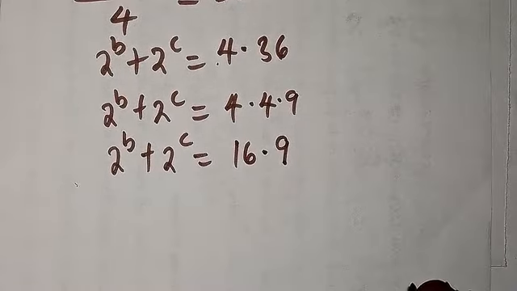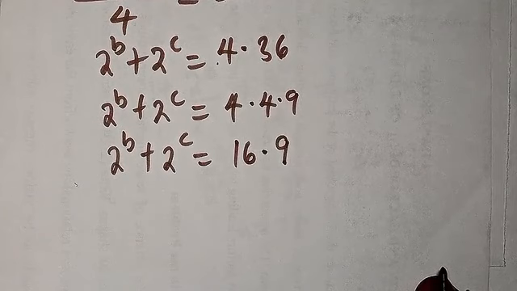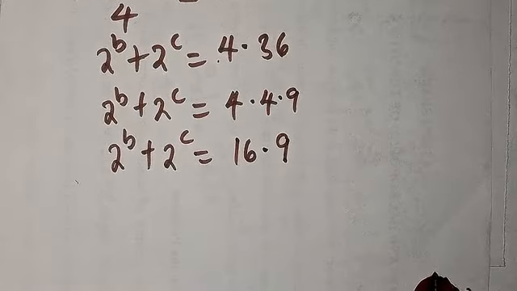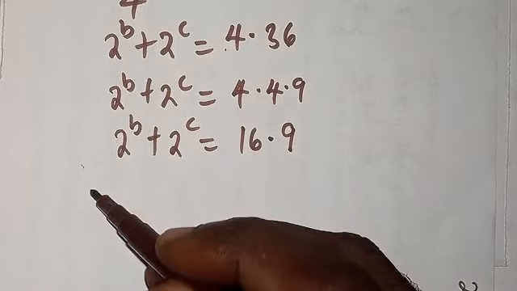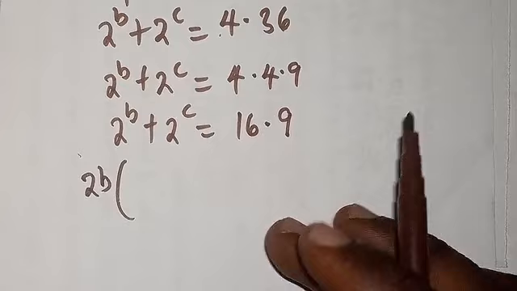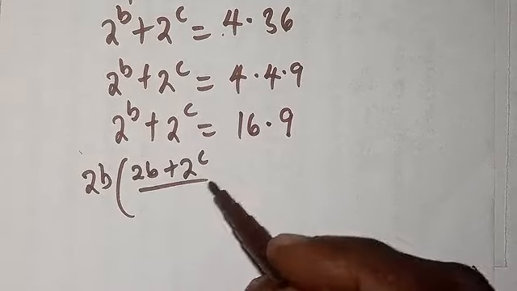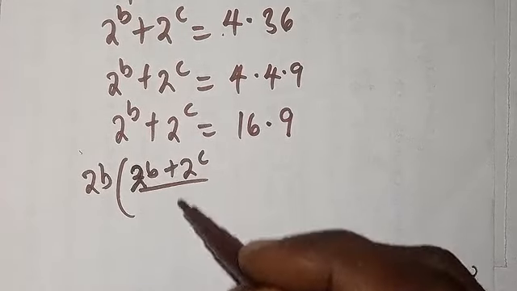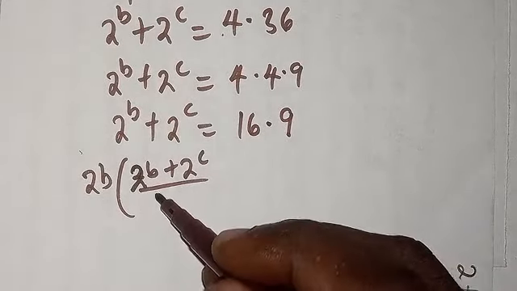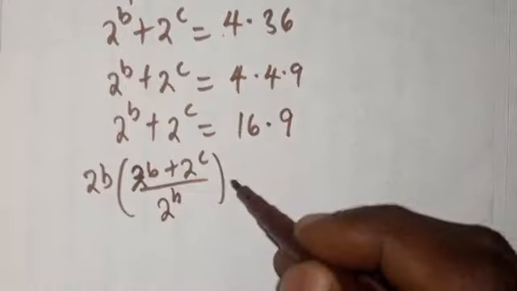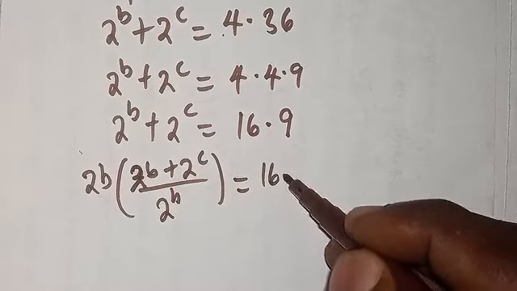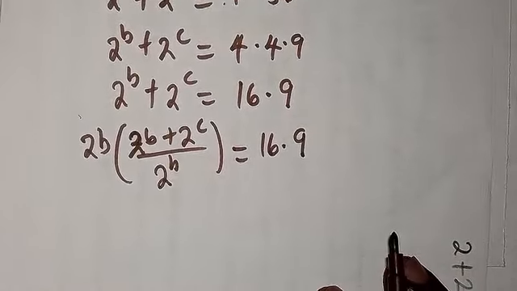Are you following? So now the next thing we are going to do is, we are going to do the same thing by taking 2^b like this, 2^b plus 2^c over 2 to the power b, which equals 16 times 9, right?